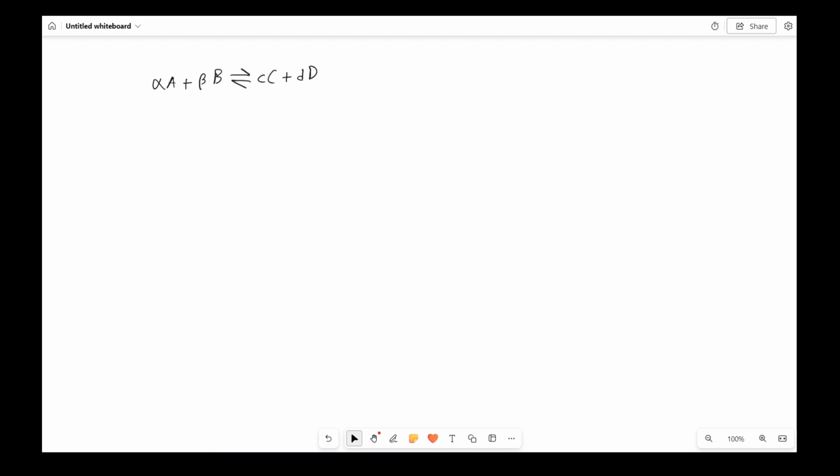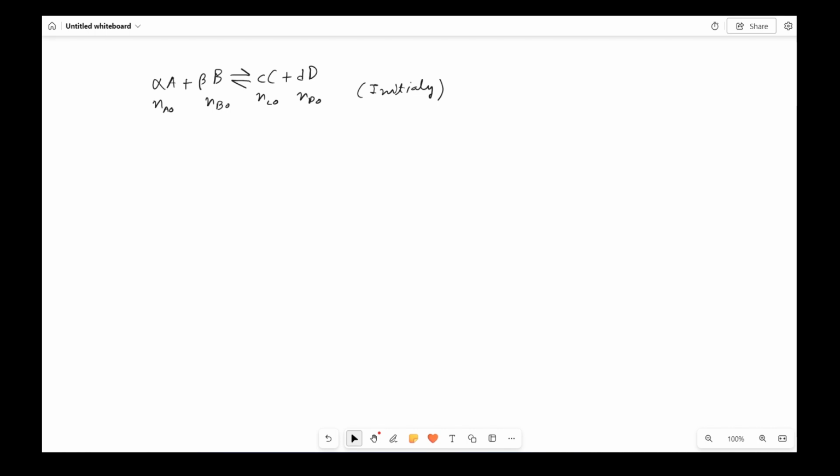Now, suppose initially in the system Na naught, Nb naught, Nc naught, and Nd naught moles are present initially, and we want to find after a certain time what will be the moles in the system.